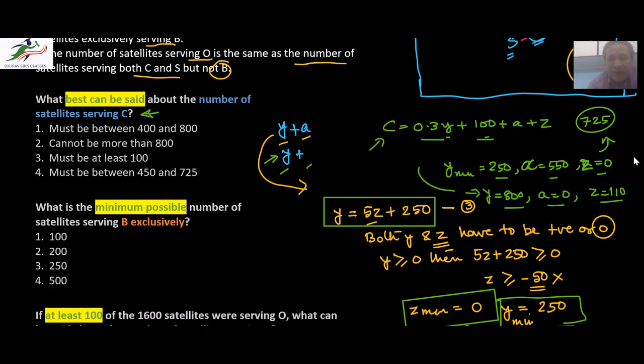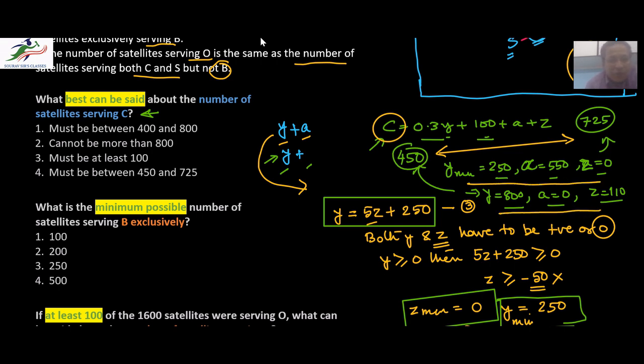So we can clearly see that the value of C will lie between 450 and 725, depending on which set of numbers we choose. So the fourth option, which says must be between 450 and 725, is the correct option.